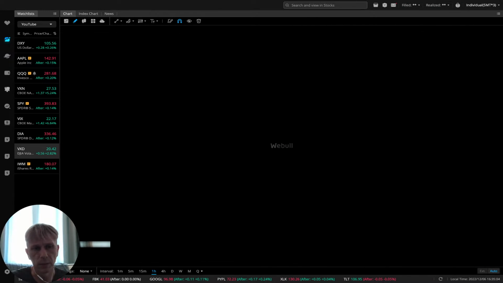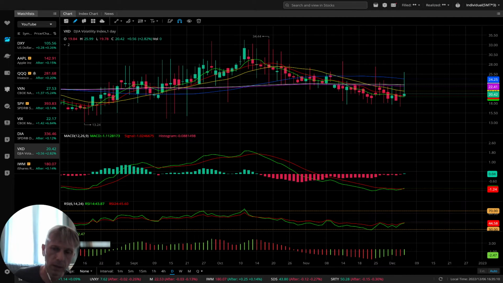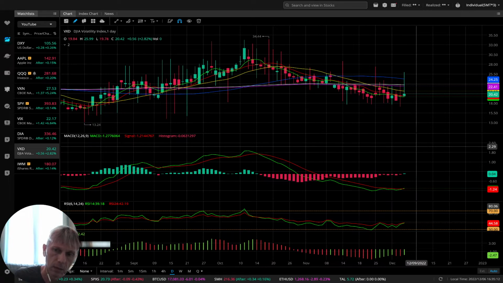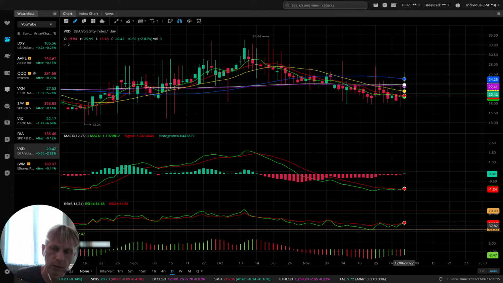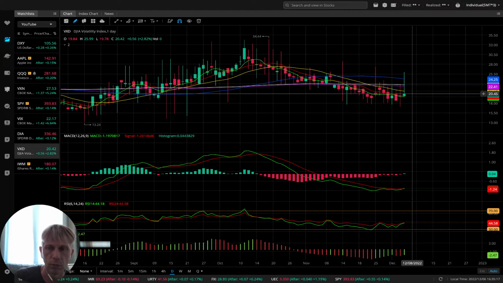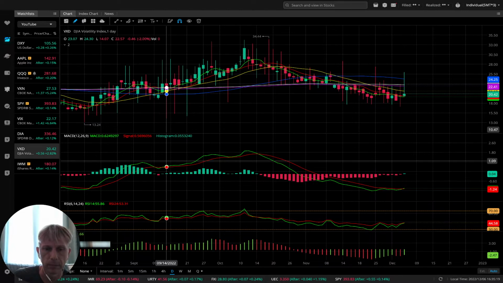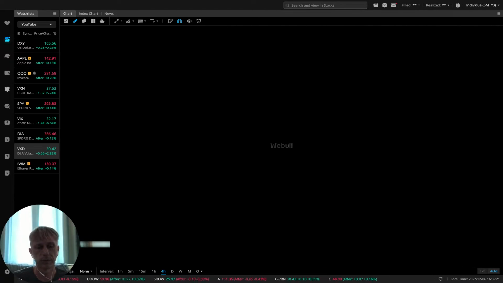Let's move to VXD, volatility index for Dow. Daily bullish crossover on all indicators, ready to go bullish. It's bearish for Dow. 4 hours.